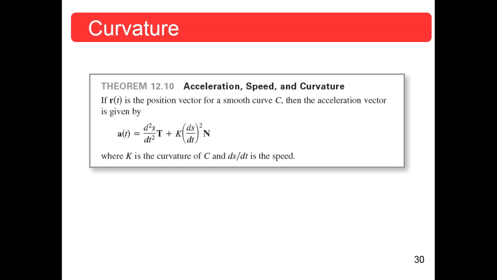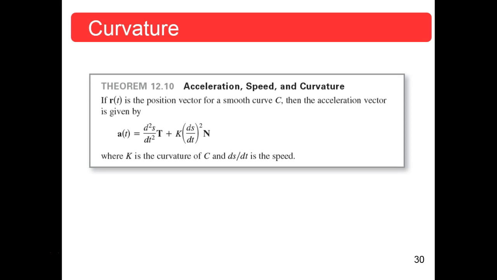If r(t) is the position vector for a smooth curve C, then the acceleration vector is given by a(t) equals d squared s dt squared, the second derivative of the arc length parameter with respect to time, times T, plus the curvature times the speed squared, times the unit normal vector N. That first part only depends on your speed, because ds dt is your speed, and this is the rate at which your speed is changing, that's your acceleration.